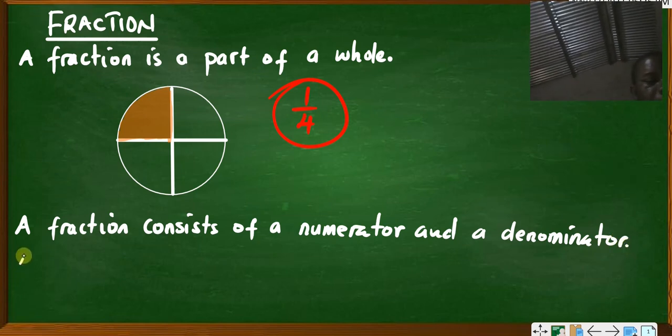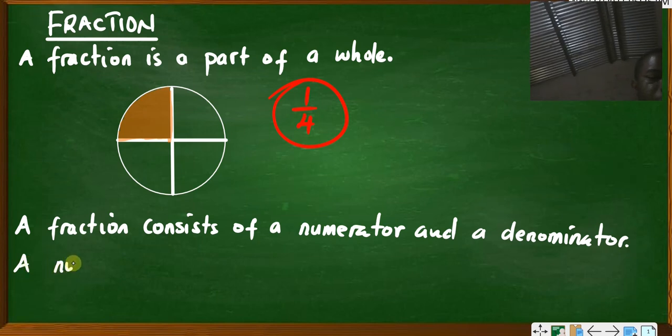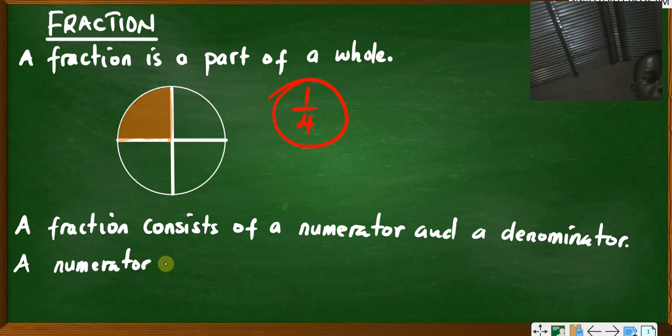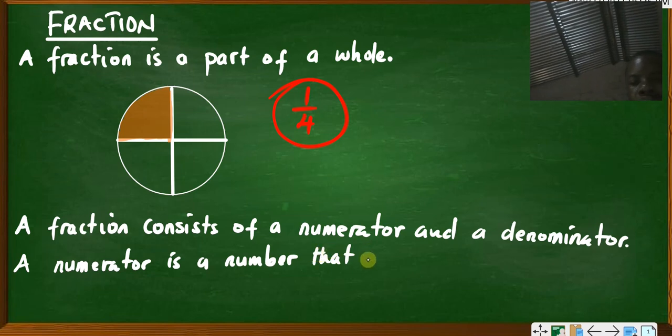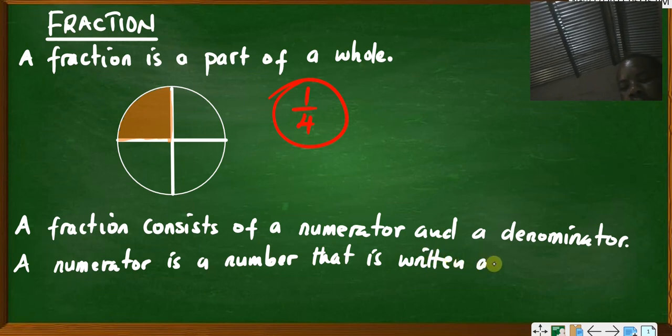A numerator is a number that is written as the upper part of a fraction.